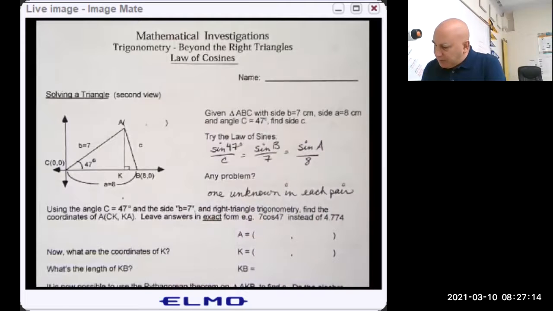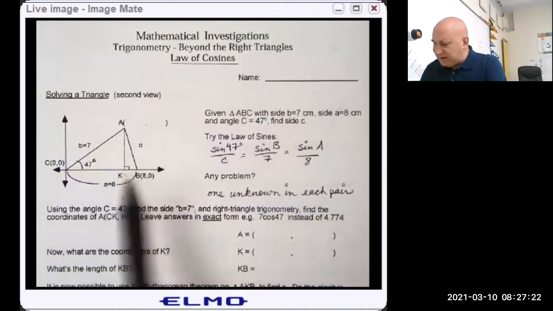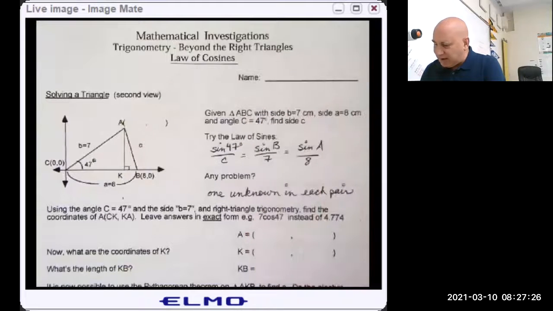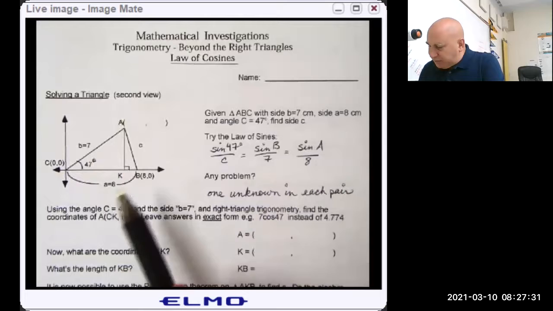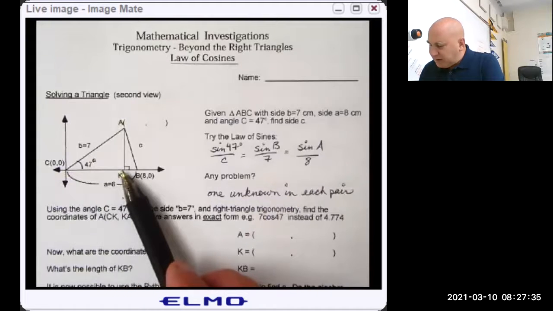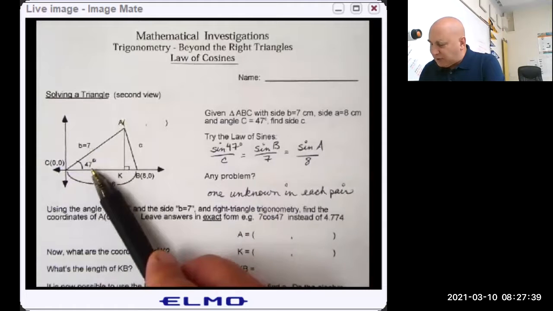So let's see, find the coordinates of point A. So point A here is this distance CK in the X direction and this distance AK in the Y direction. And we know that this X distance here is, adjacent over 7 is the cosine of 47 degrees.